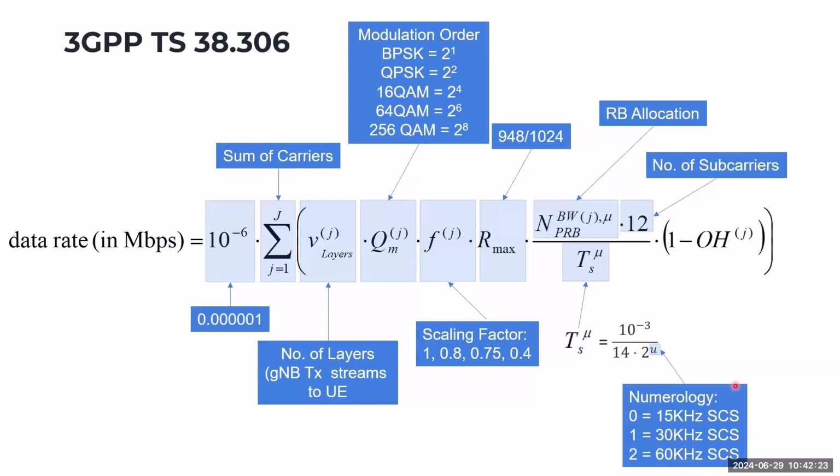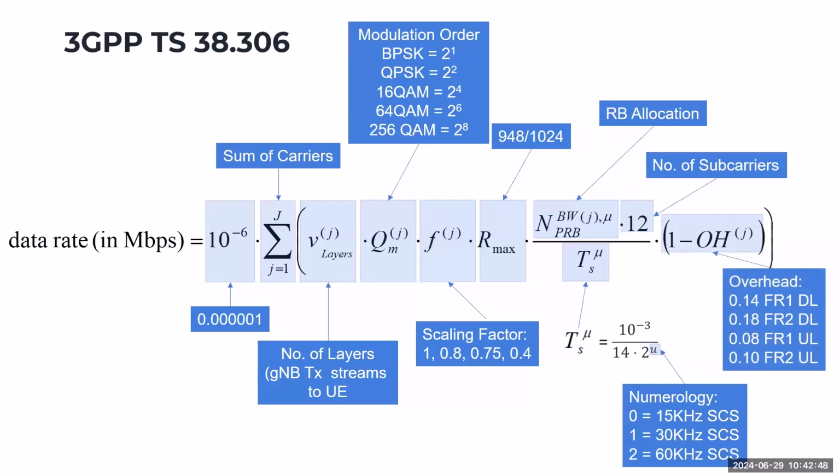Okay, so meaning this one and this one are correlated. The scaling factor, what frequency are you using, what type of numerology is allowed in that frequency range, and how many resource blocks are assigned in that frequency range. So that is the numerology.